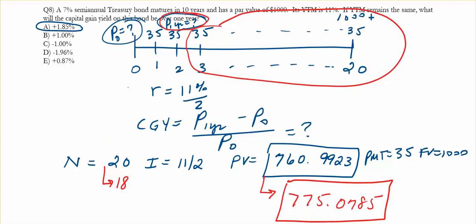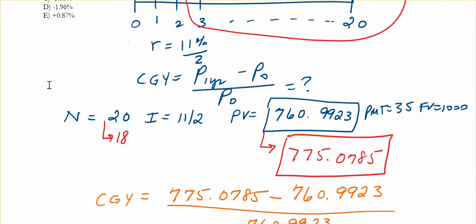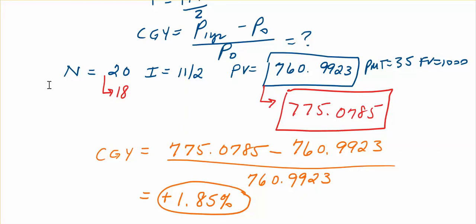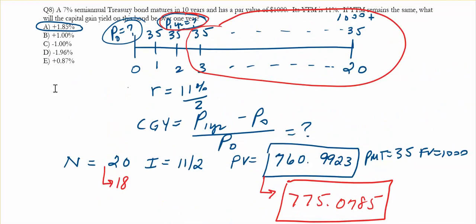Discount bonds must eventually appreciate in price, even though the yield to maturity stays the same. We see this here, that it's increasing in price to 775. Therefore, the capital gain yield for a discount bond will be positive with yields to maturity staying the same. And that's because even though it's selling for so much less than par now, one day it will pay par of $1,000.